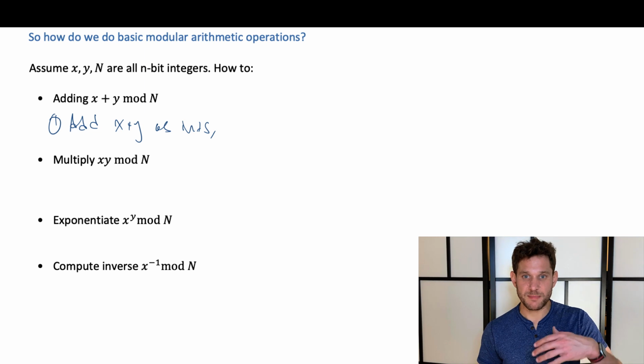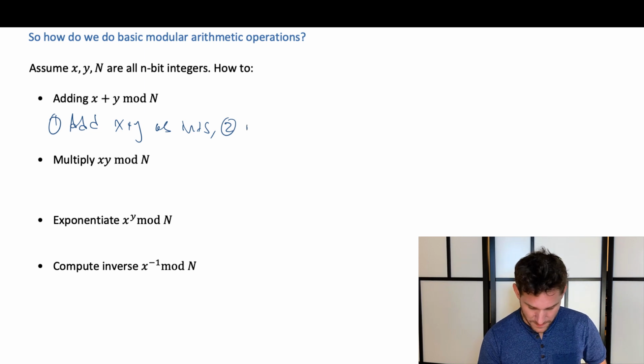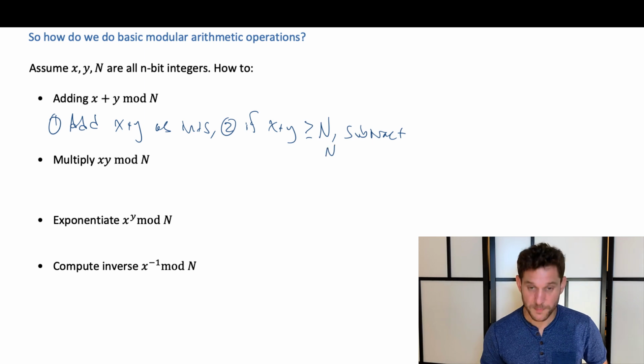And then it might be the case that x plus y is suddenly larger than capital N. So if x plus y is greater than or equal to N, then subtract capital N from the sum. And that's going to be the output. You can just return that. That should be between 0 and N minus 1.